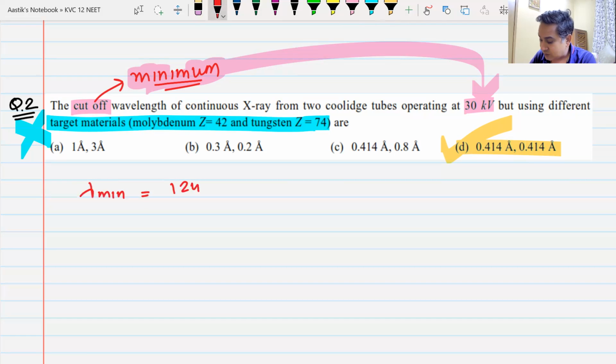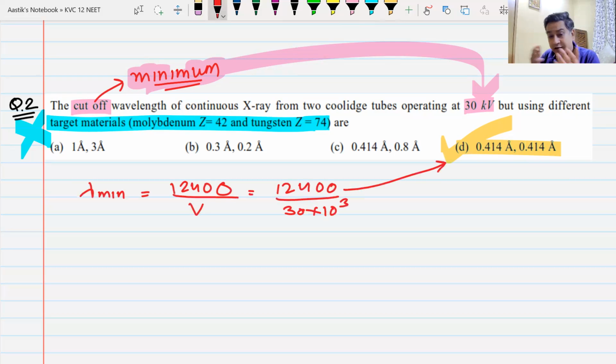Lambda min is 12,400 divided by voltage. This is 12,400 divided by 30 into 10 raised to the power 3. Even if you calculate, you will get the same answer. Here you did not need to calculate because continuous wavelength, cutoff wavelength, does not depend on the type of metal.